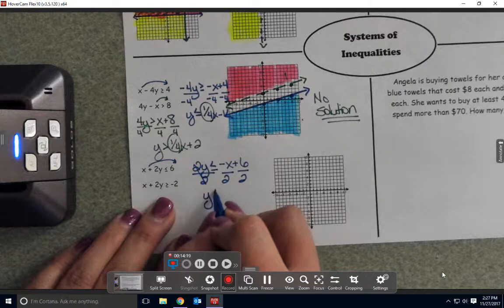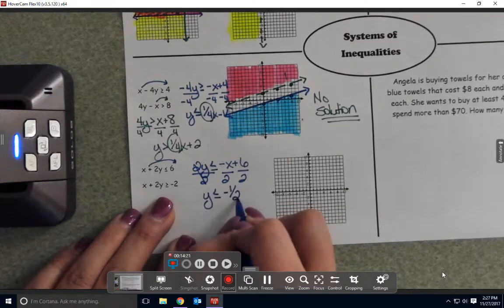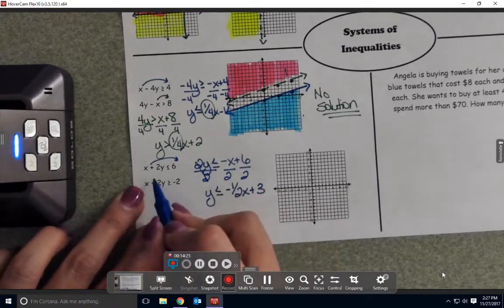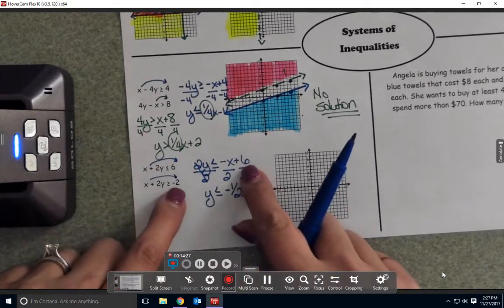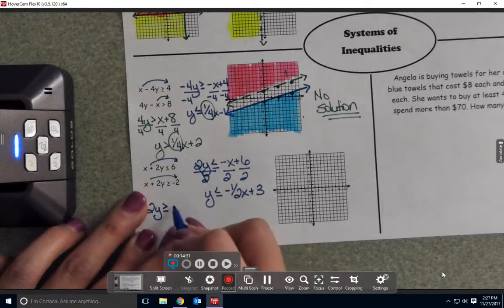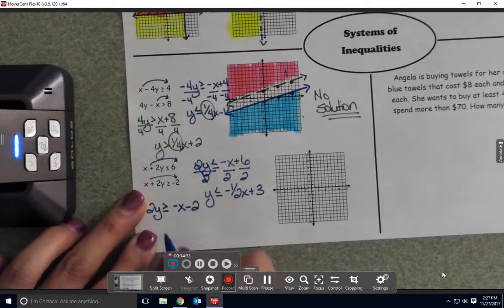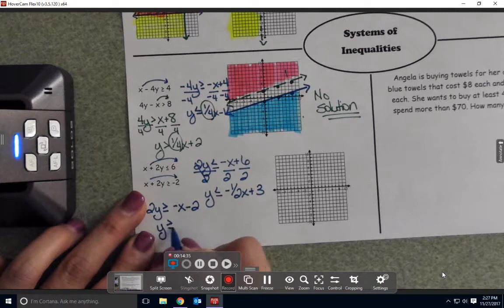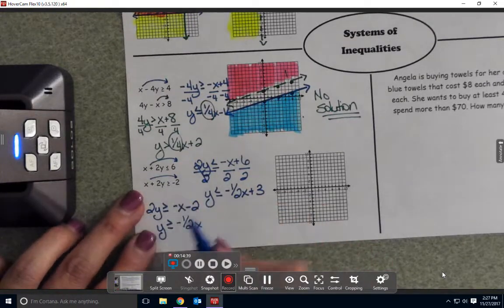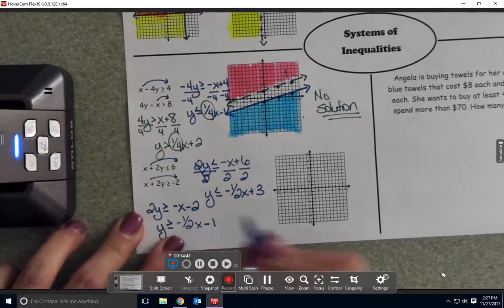So I'm going to get y is less than or equal to negative 1/2 x plus 3. And then this one I'm solving the same way. It's just instead of a 6, I have a negative 2 there. So divide by 2. And you still get the negative 1/2 x, but right here when I divide by 2, you're going to get a negative 1.